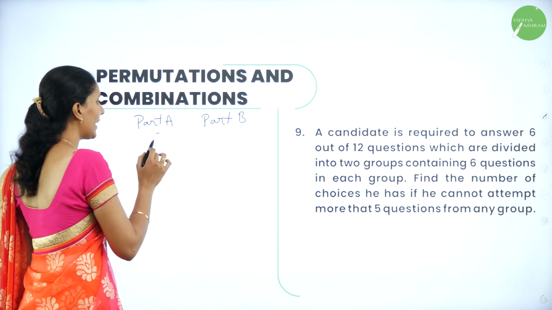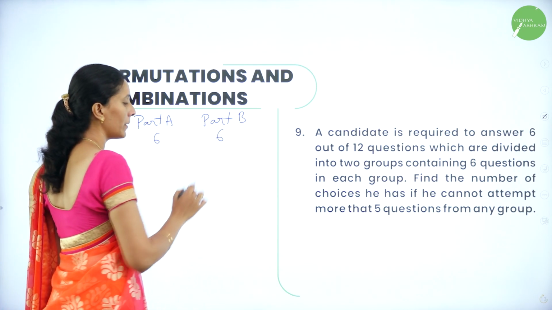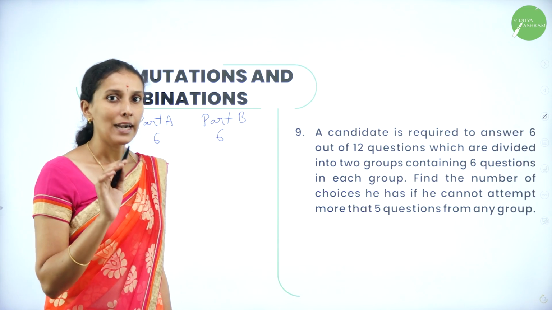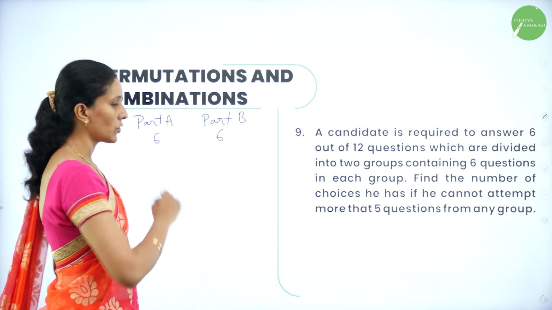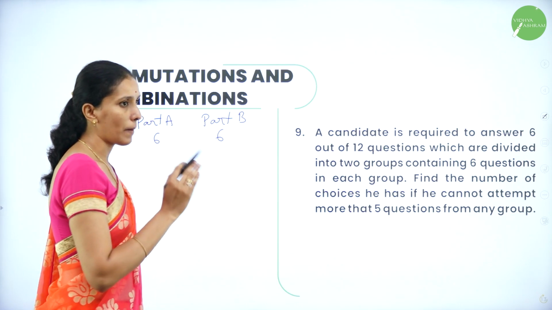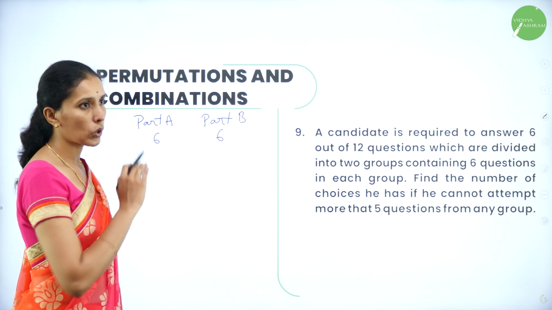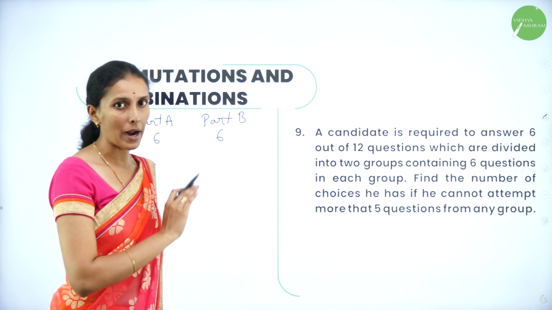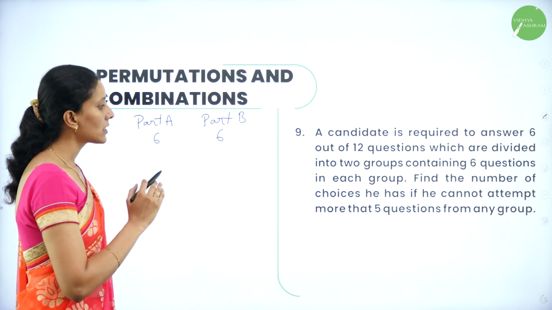Part A contains 6 questions, part B contains 6 questions. So you have to answer 6 questions from these two. But at least one question should be answered in both parts, that is part A and part B, but in total you have to answer any 6 questions from part A and part B. How can this be done?